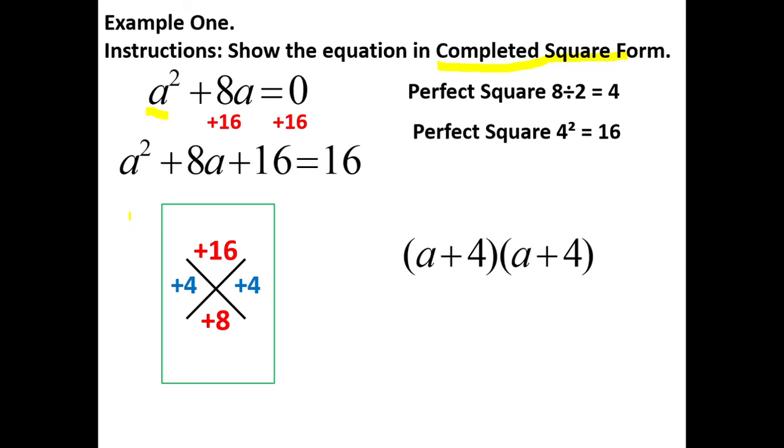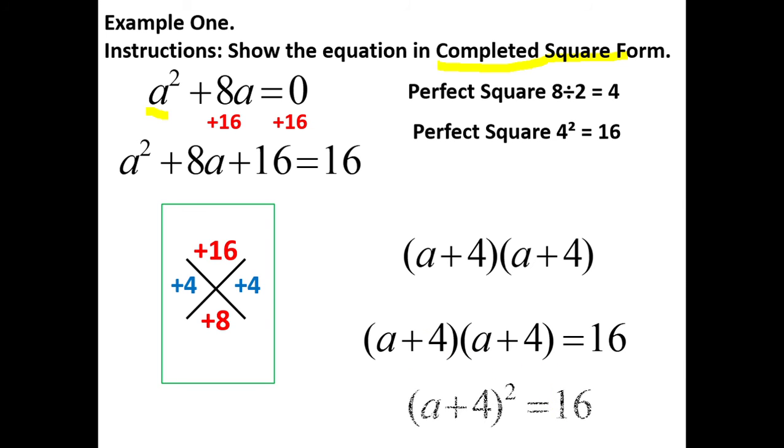Now that quadratic equation is equal to 16. And we just factored this quadratic equation and found out the two factors are a plus 4 times a plus 4. So if the quadratic equation was equal to 16, then the two factors have to be equal to 16. Another way to write this would be, since these two factors are exactly the same, a plus 4 squared, that's what squared means.